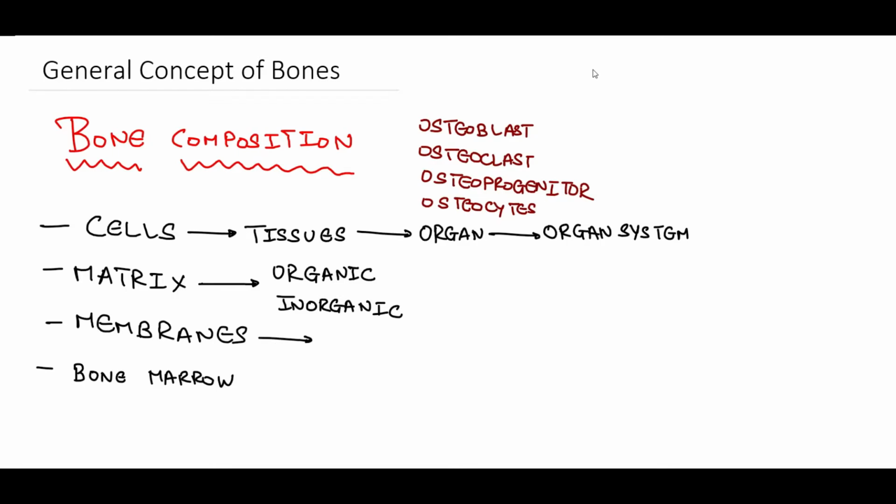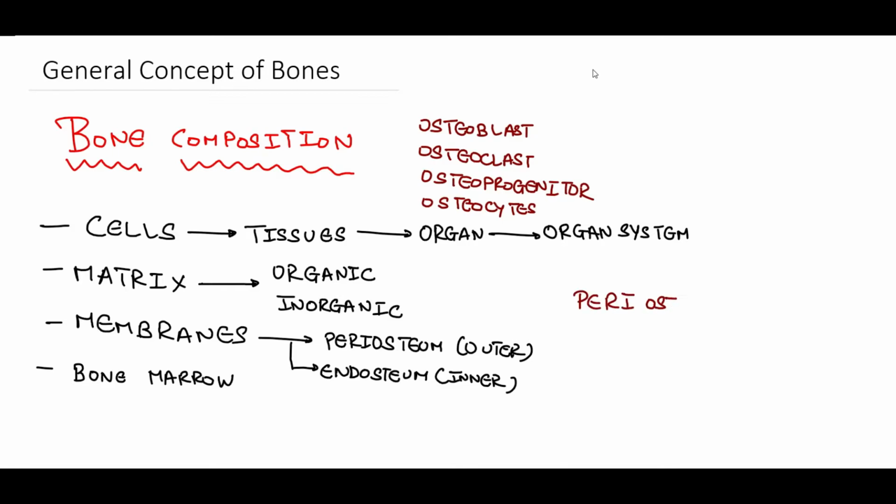In the membranes, we have two types of membrane, the periosteum, which forms the outer membrane, and the endosteum, which is the inner membrane. Here you can note that the term periosteum is made out of two words, peri and osteum.